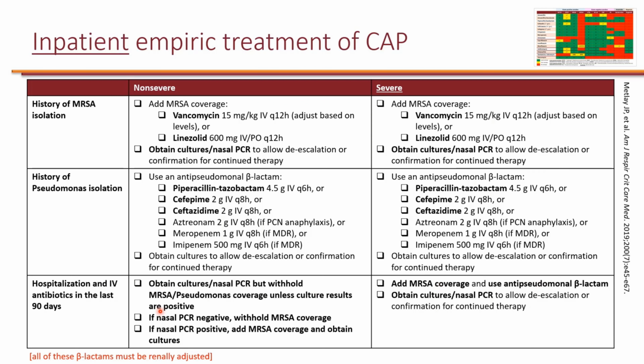But for non-severe, you can actually take a watchful strategy. So, as long as the patient is stable and improving, you just wait for the culture results to come back. But you do start antibiotics for the usual pathogen. So you do start your ceftriaxone and azithromycin if you need to.